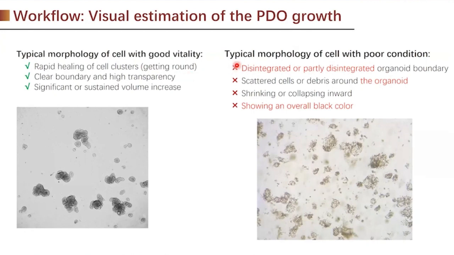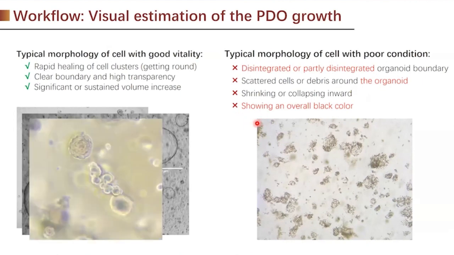The bad state of organoids typically has a disintegrated or partly disintegrated organoid boundary, scattered cells or debris around the organoids, or shrinking or collapsing inward and showing an overall black color. Here are some examples.